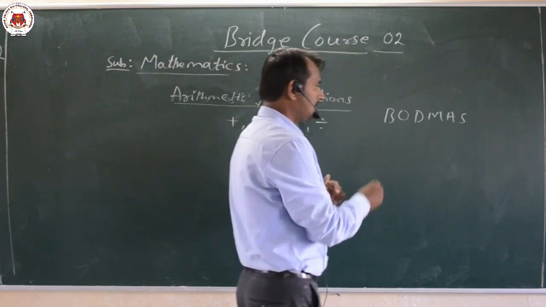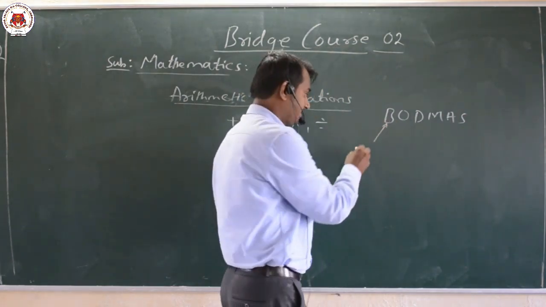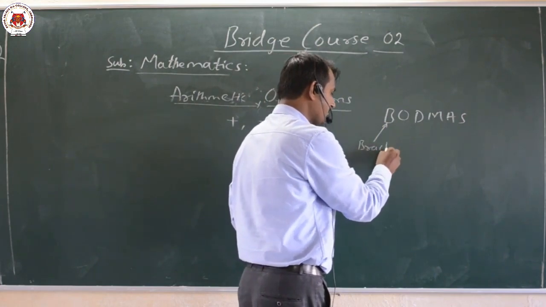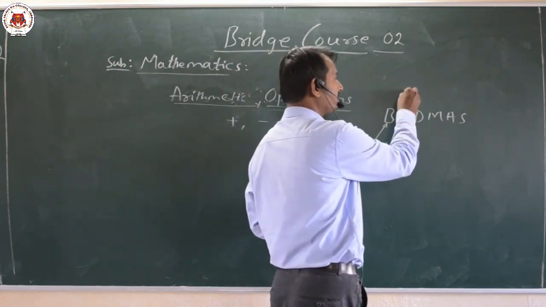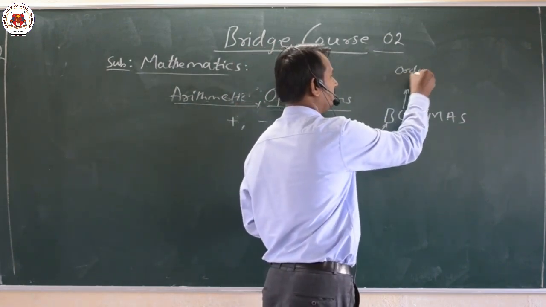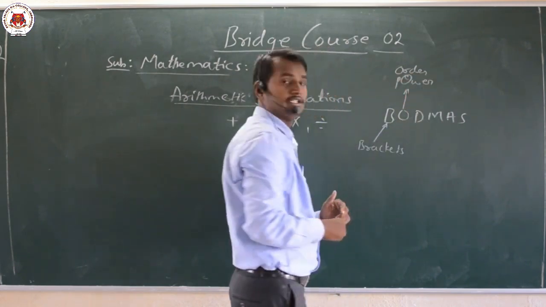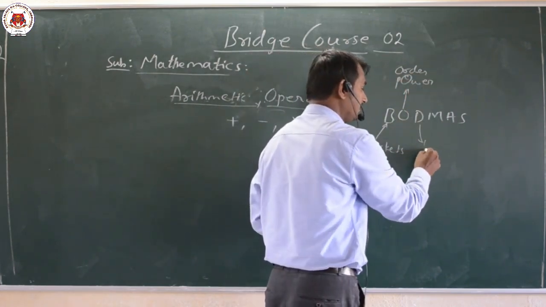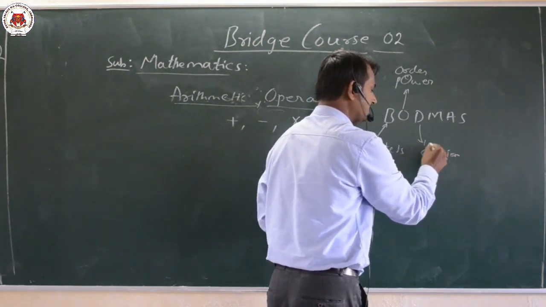BODMAS rule. Now what do you mean by this B here? B stands for brackets. O stands for order or power. D stands for division.